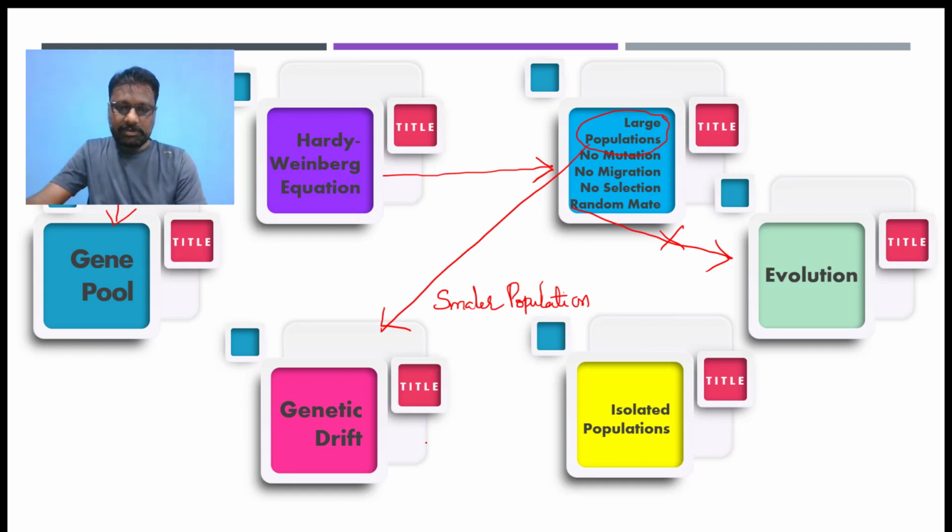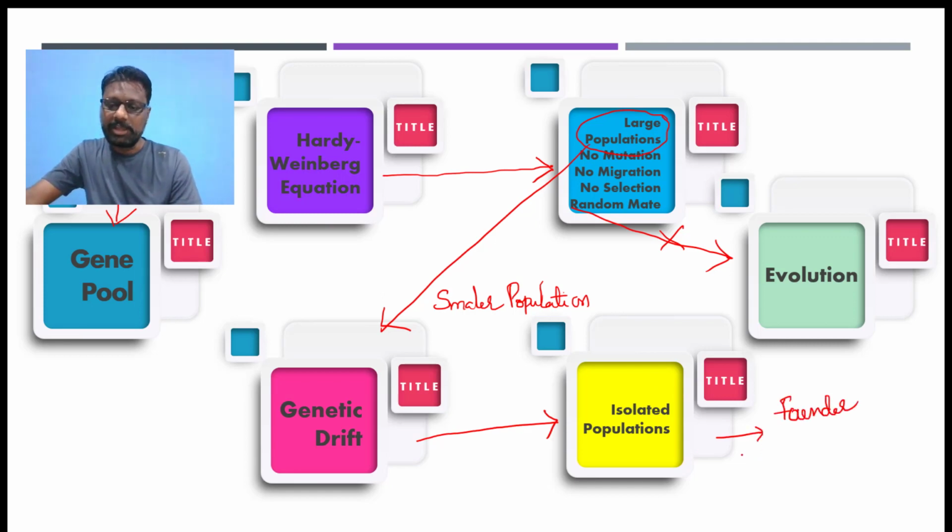If these populations get isolated, these isolated populations either become founder populations or show a bottleneck phenomenon.